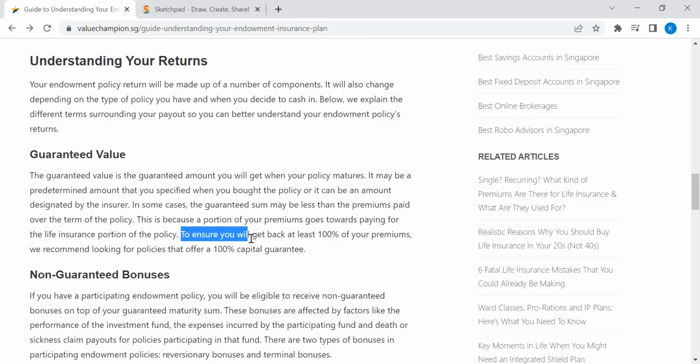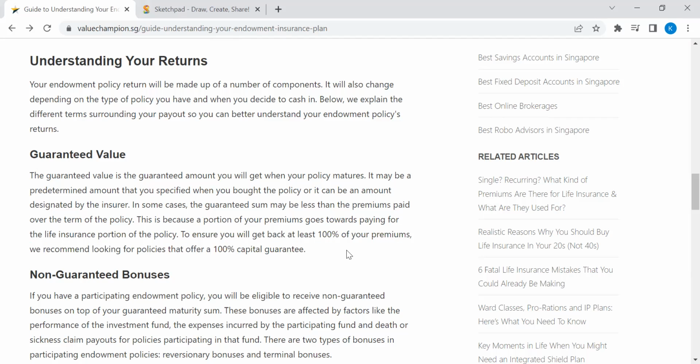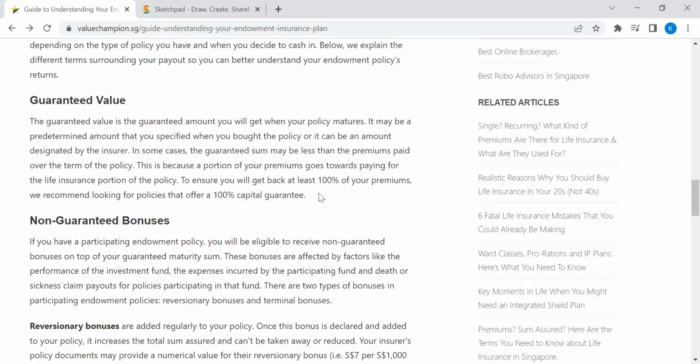To ensure you will get back at least 100% of the premium, we recommend looking at policies that offer 100% capital guarantee. But of course, if you choose 100% capital guarantee, these plans, compared to the plans that are not 100% capital guarantee, might actually lose out on other factors.